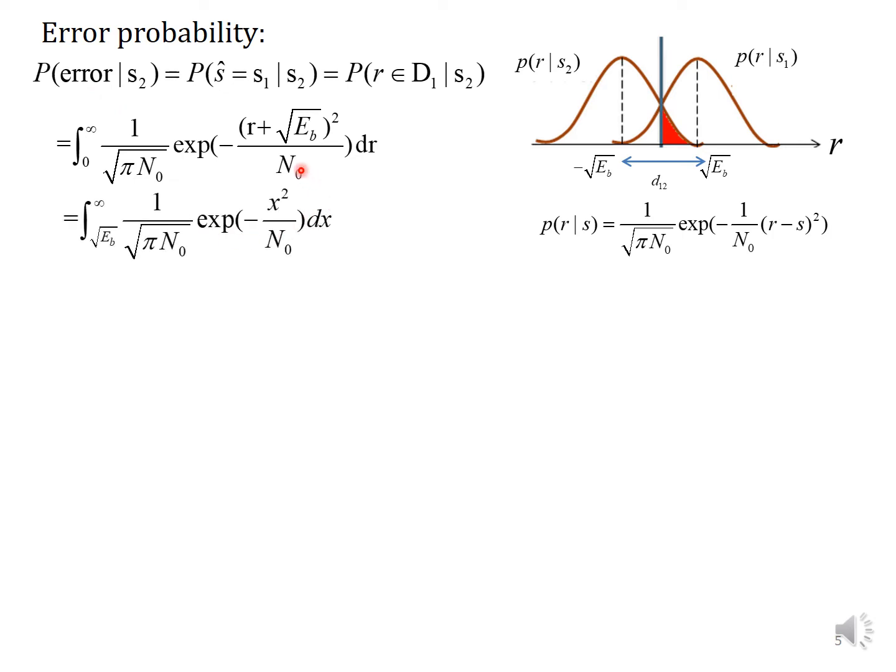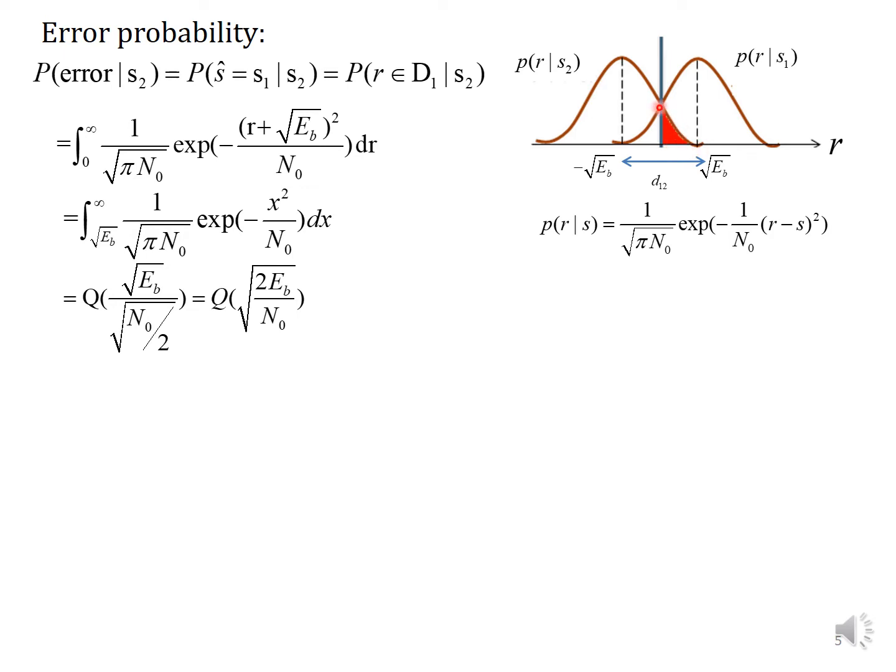Right, and then we can rewrite this to shift this mean value, equivalently, from square root of EB to positive infinity, as we learned in chapter 2.